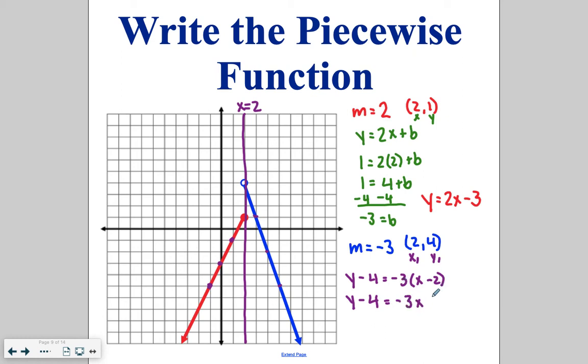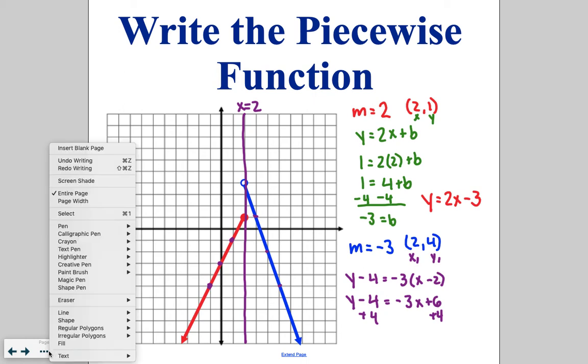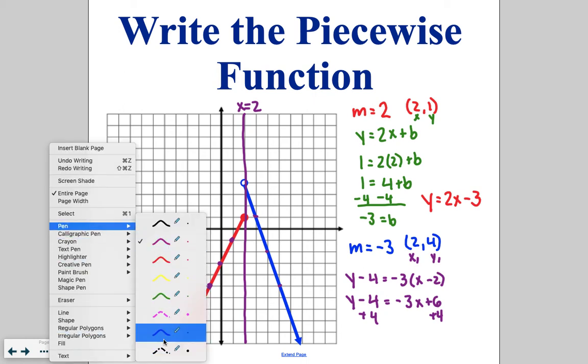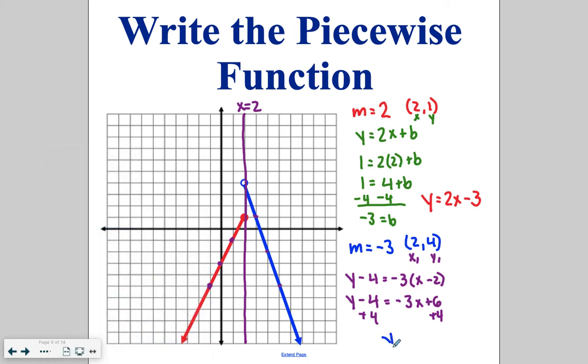Negative 3 times negative 2 is plus 6. And then we're going to add 4 to both sides of the equation. And we get y is equal to, for that blue line, add 4 to both sides. And then your blue equation is going to be y is equal to negative 3x plus 10.